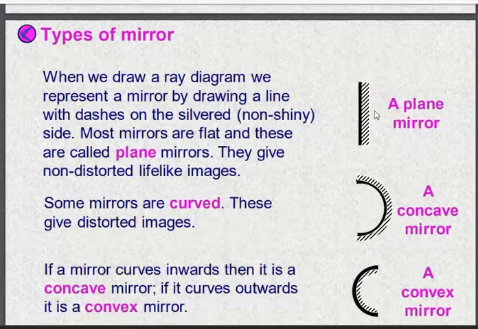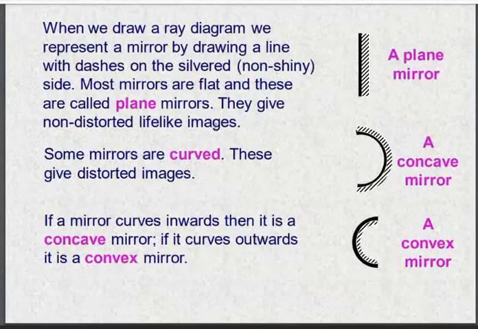Most mirrors are flat and these are called plane mirrors. All of you must have a plane mirror in your house, also called a looking mirror, and they give non-distorted, lifelike images.